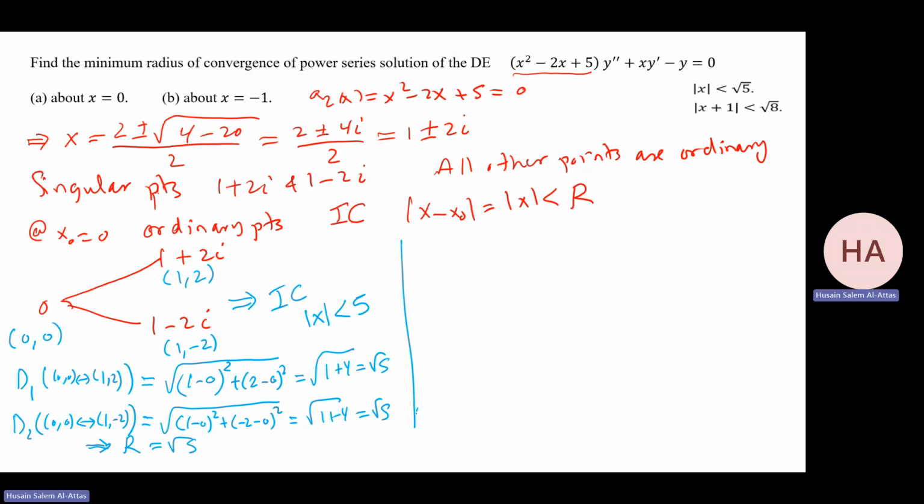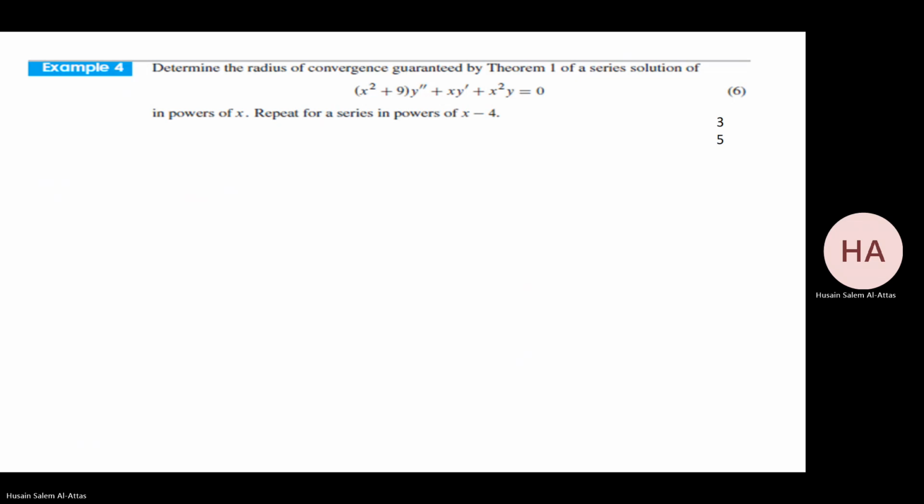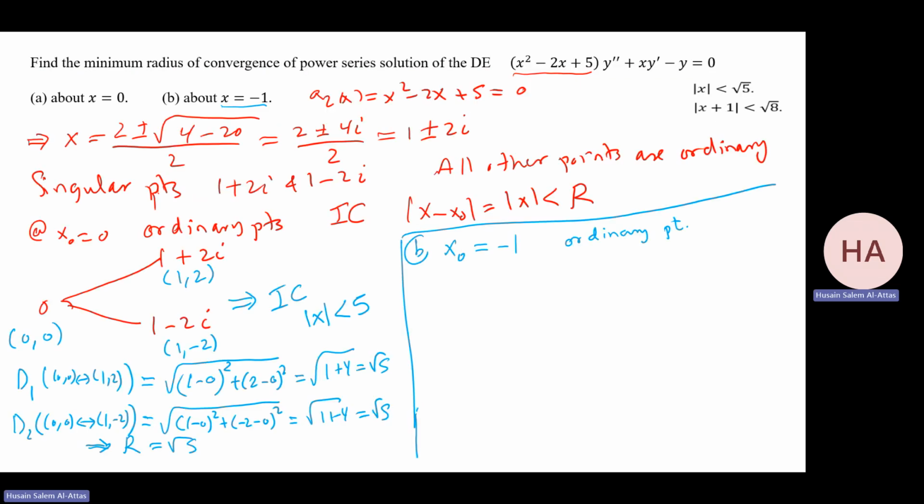Now let me do the second one. Part B. This is my x0, minus 1, which is the ordinary point, very clear. Okay, so what's the interval? It will be x minus x0, which is x plus 1 less than r.